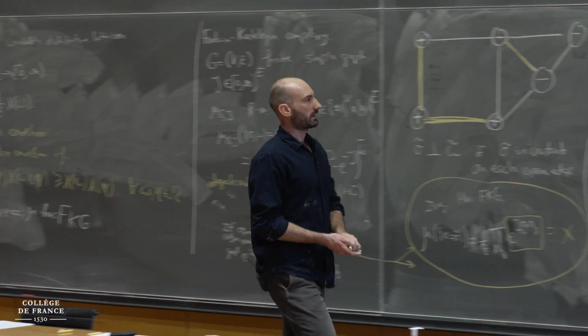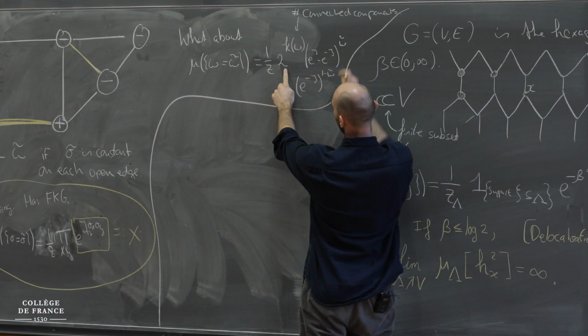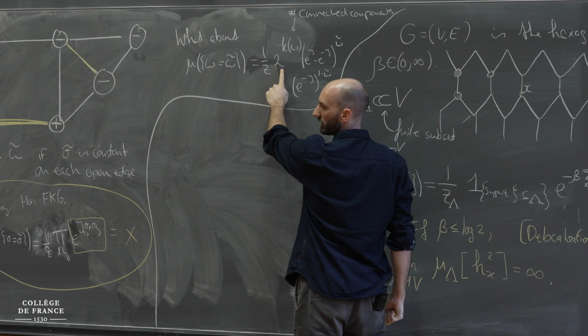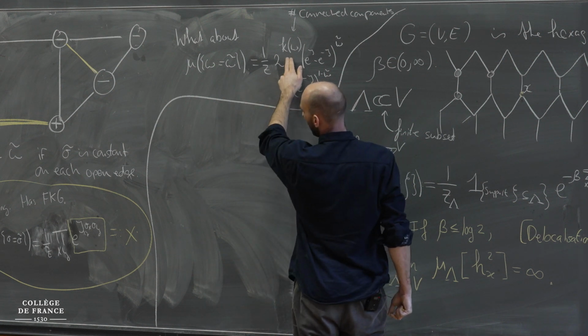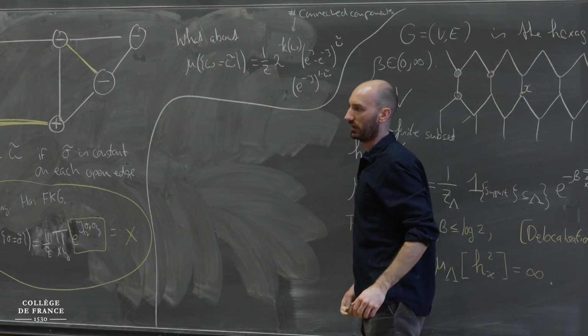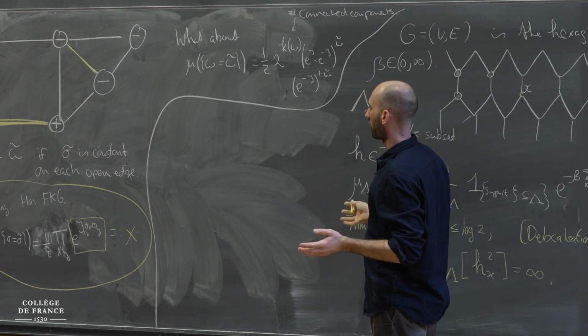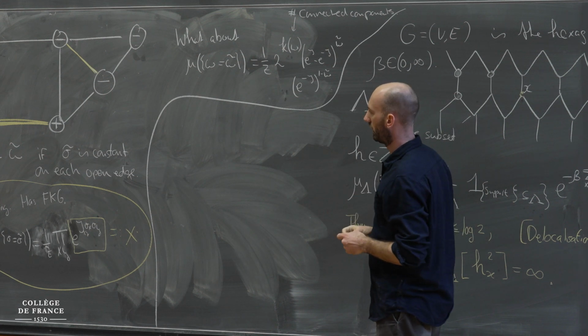So for all those factors, it's completely trivial that you satisfy FKG lattice. But for this factor, you can in fact also prove that it satisfies FKG lattice. This you can do, for example, by checking the Holley criterion. And it's really something about counting connected components. You need to see that if you take the maximum and the minimum, for the sum you have more connected components than if you look at the configurations separately.